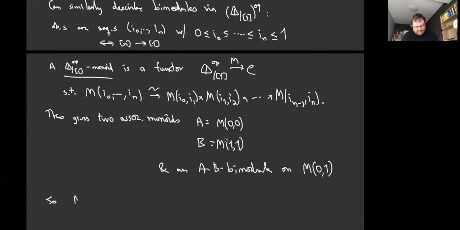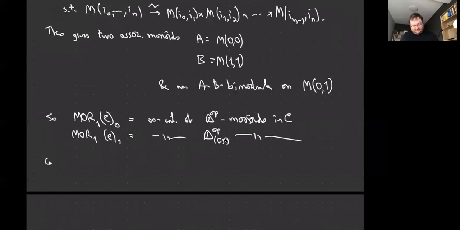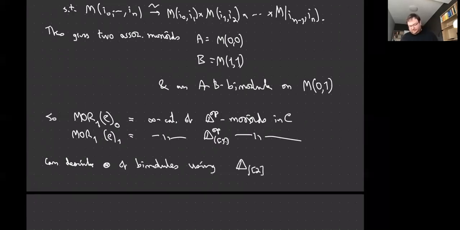So if I wanted to define this double category, I can take more1C0 to be the category of associative monoids, and more1C1 to be the infinity category of delta over 1 up monoids in C. And then you can describe the tensor product of bimodules using delta over 2 up, and so on.